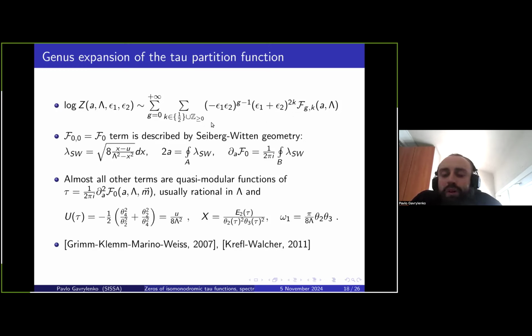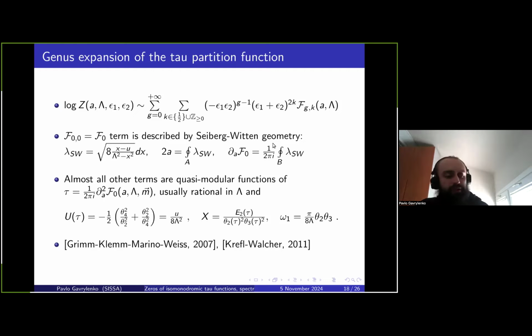So this double expansion. There is some interpretation of this g as a genus of some curve, and, well, in principle, yes, we can say this.